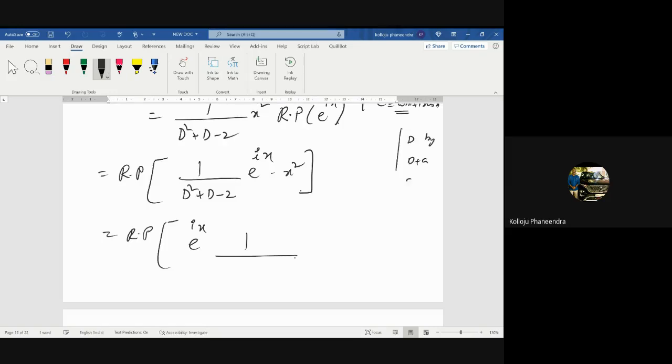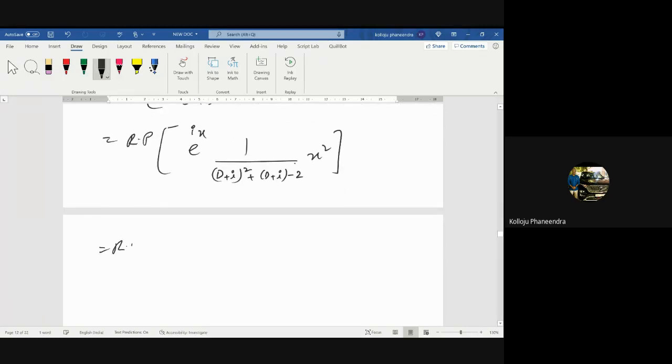The a value is i. So D plus i whole square, D plus i minus 2 into x square. That is real part of e to the power of ix, 1 by D square plus 2Di minus 1 plus D plus i minus 2 into x square.